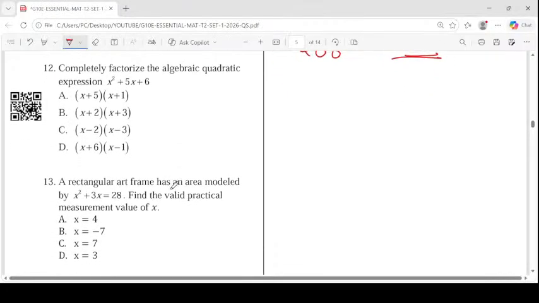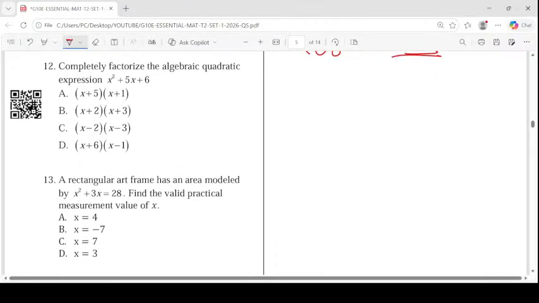Let us make progress to question number 12. Completely factorize the algebraic quadratic expression x squared plus 5x plus 6.